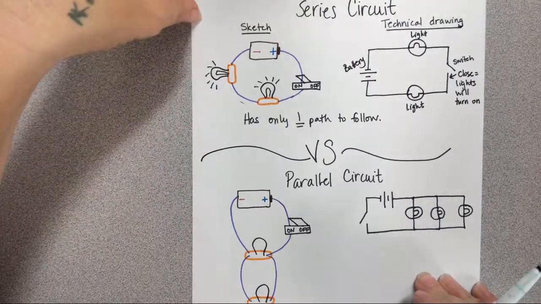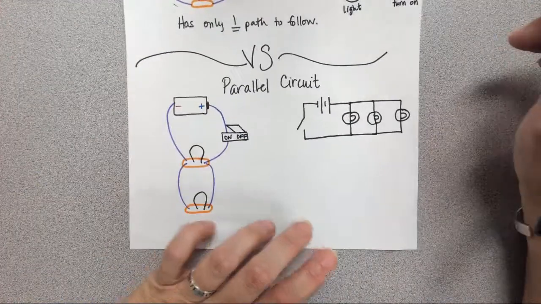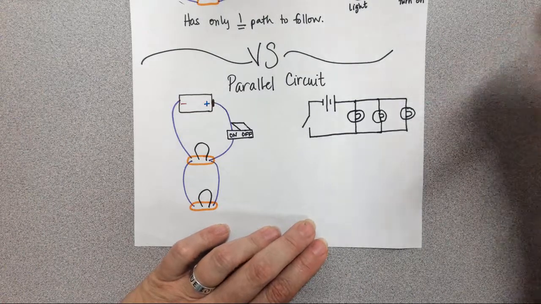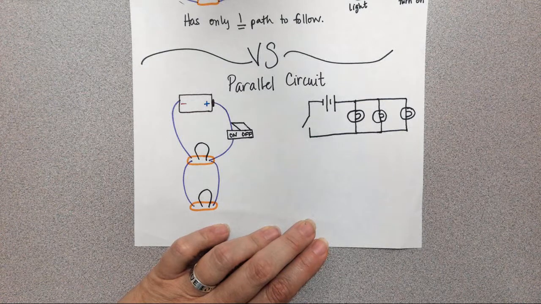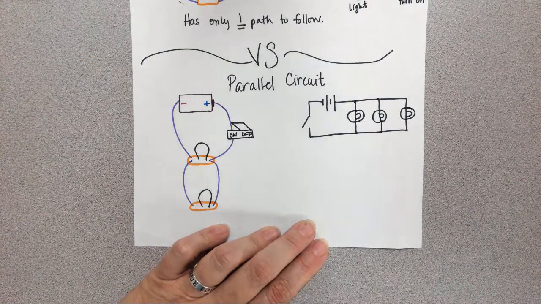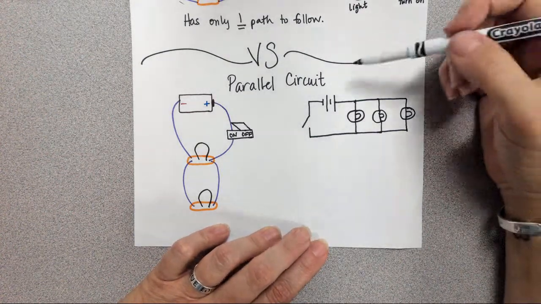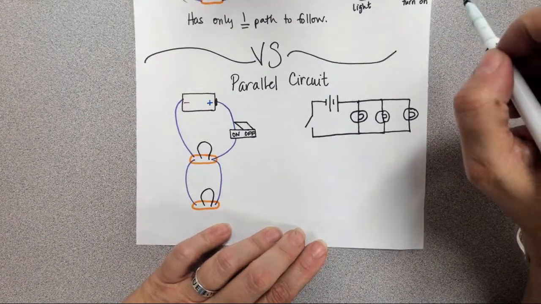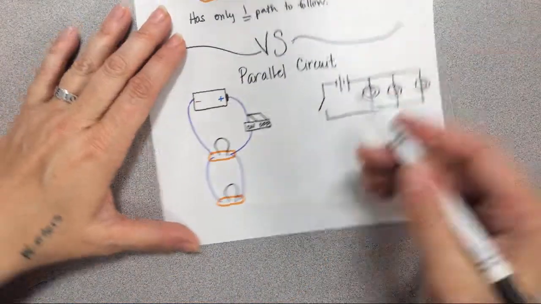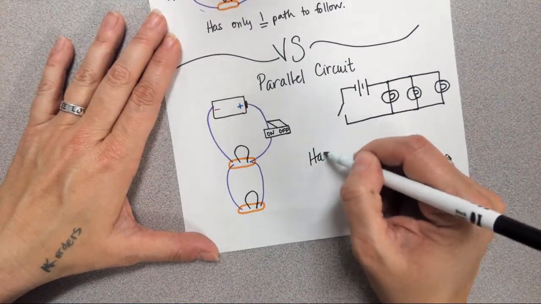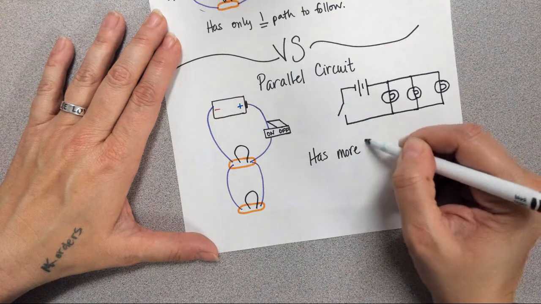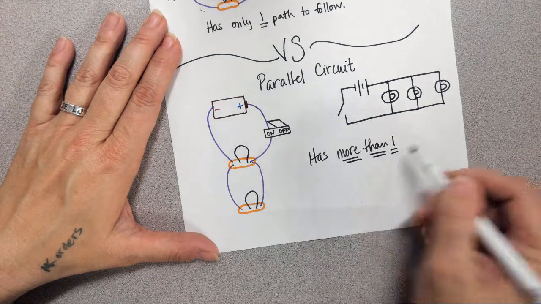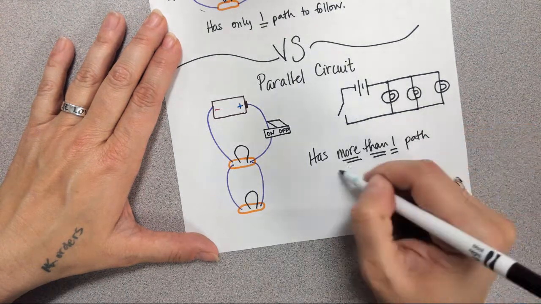Now, a parallel circuit is the opposite. This is kind of what our classrooms are in, because if I turn out my light, Miss Johnson's light doesn't go off, and Mr. Sisk's light doesn't go off, and Mr. Kelly's light doesn't go off. So we are on a parallel circuit system. A parallel circuit has more than one path to follow.